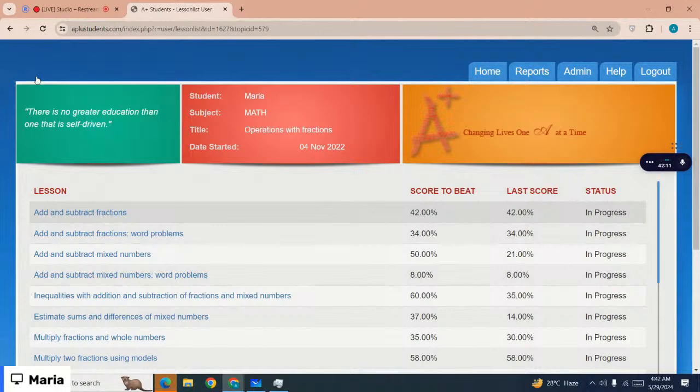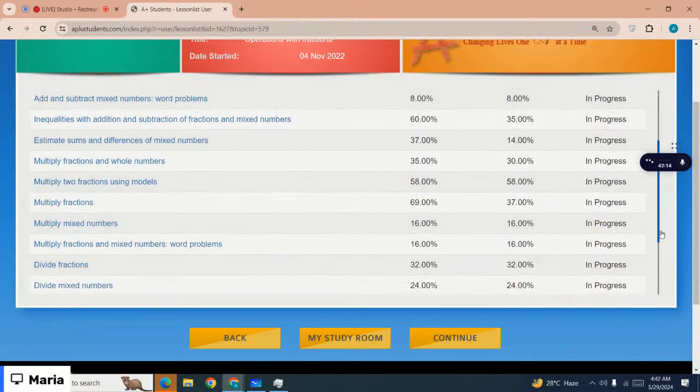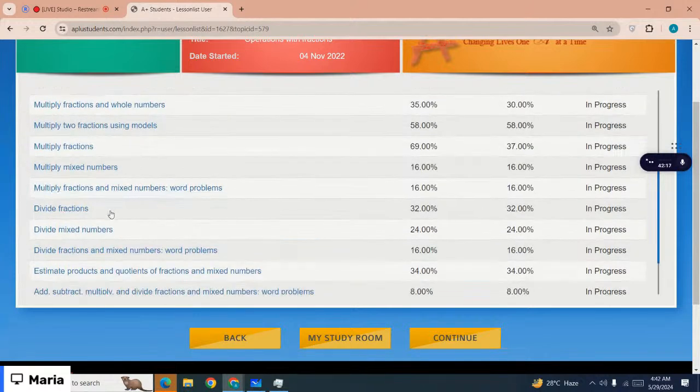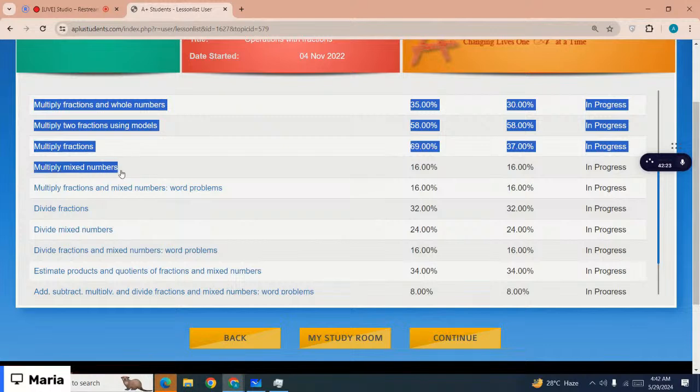And the lessons we have covered today are multiply fractions and whole numbers, then multiply two fractions using models, and the one we just finished is multiply mixed numbers, right? So please make sure before the next session you complete all the practice questions for the lessons we did today. That is your homework until next session, right?